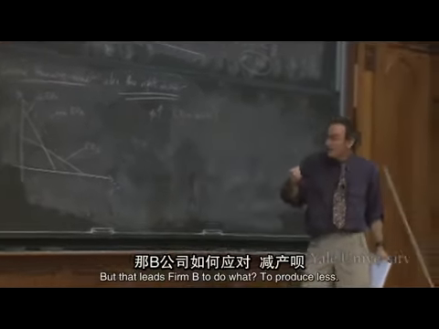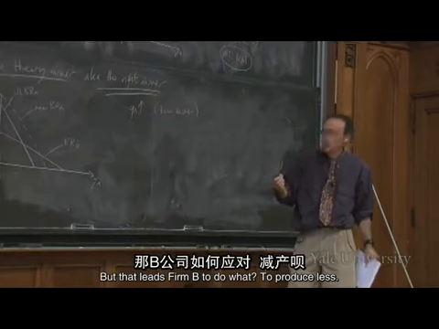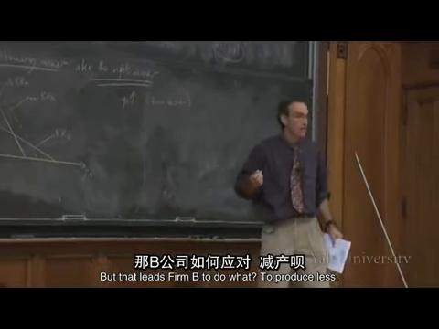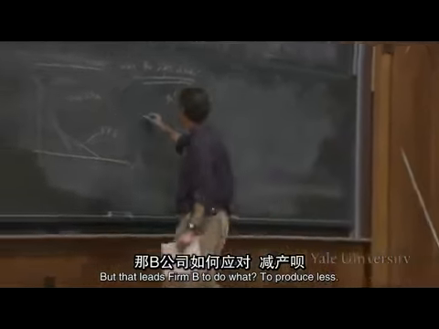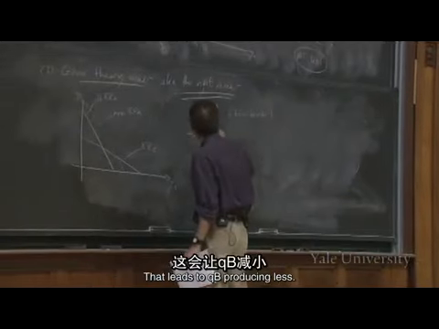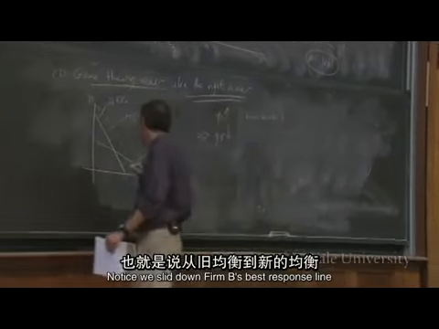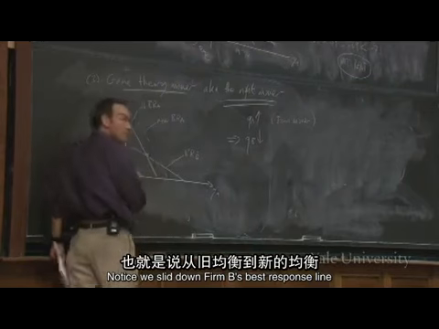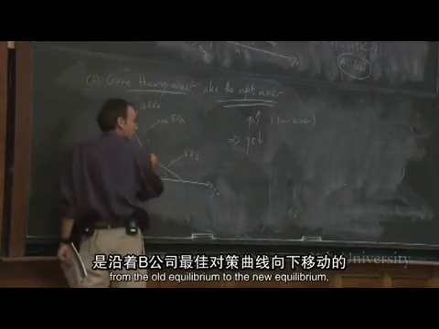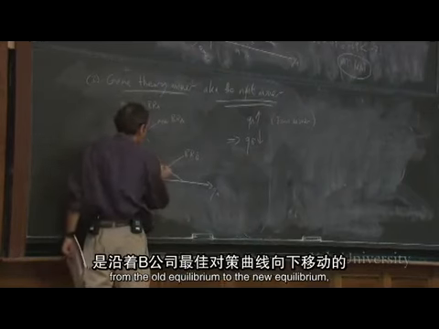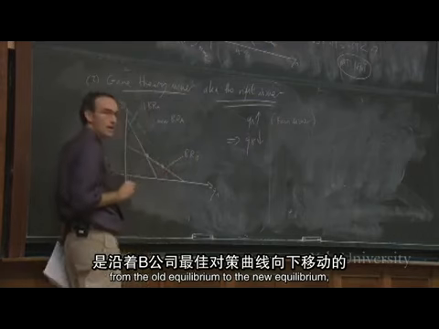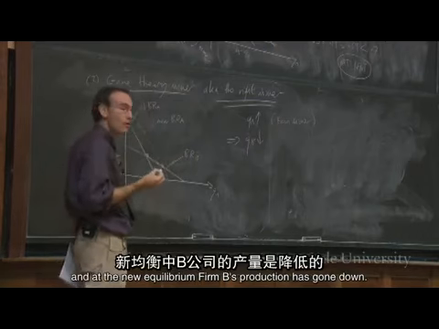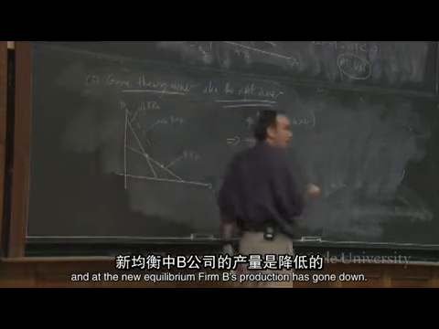All right? But that leads firm B to do what? To produce less. That leads to QB producing less. Notice we slid down firm B's best response line from the old equilibrium to the new equilibrium, and at the new equilibrium, firm B's production has gone down.